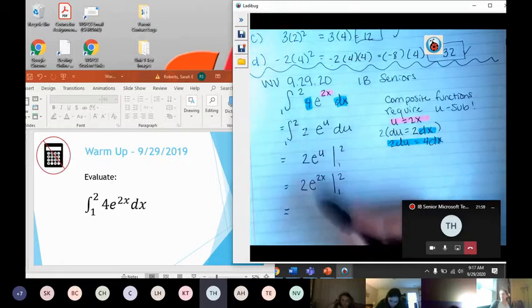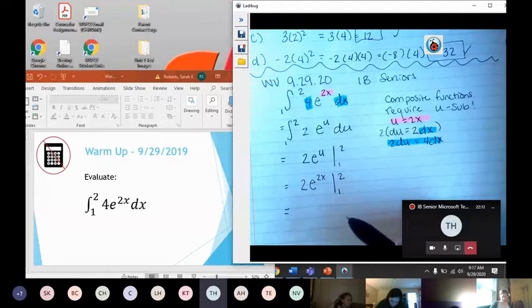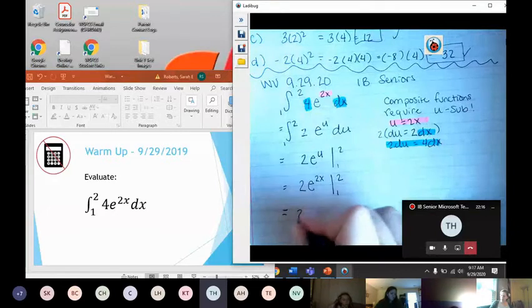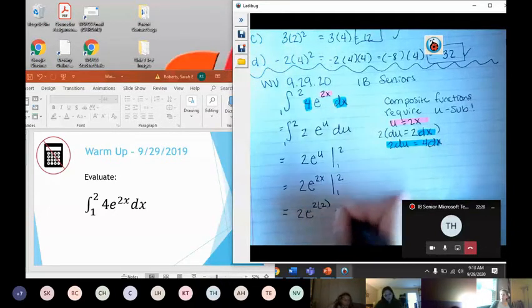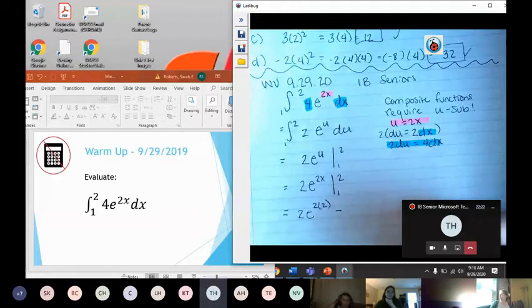So now once we've switched back, Ted, how do I evaluate this with my numbers in it? You plug them in 2 different times. Yeah. The first one with the 2, and then with the 1, and subtract them from each other. So 2e to the 2 times 2, and is it plus or minus? Minus.